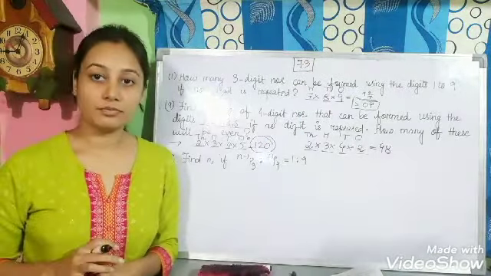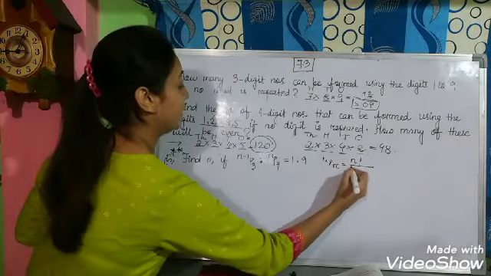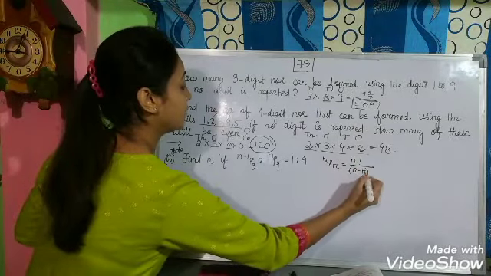Now the next question is: find the value of n if (n minus 1)P3 is to nP4 is equal to 1 is to 9. This is important. So we will apply the permutation formula here. The permutation formula is nPr equals n factorial divided by (n minus r) factorial.